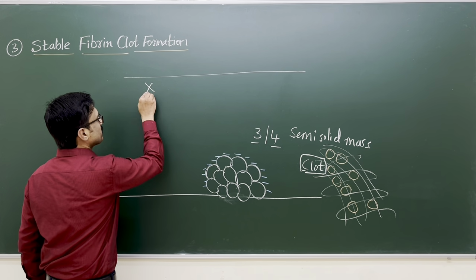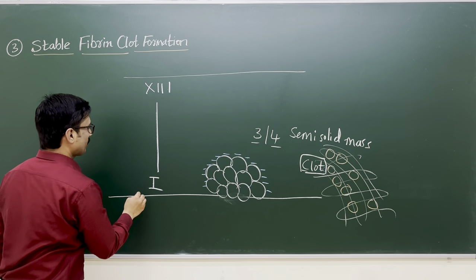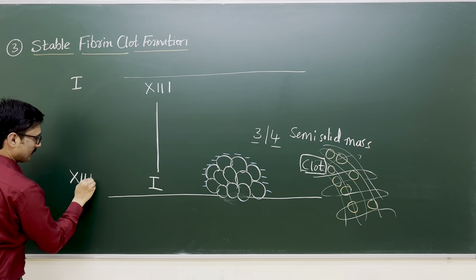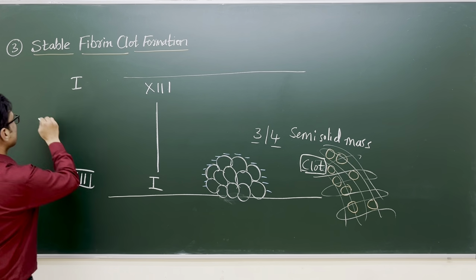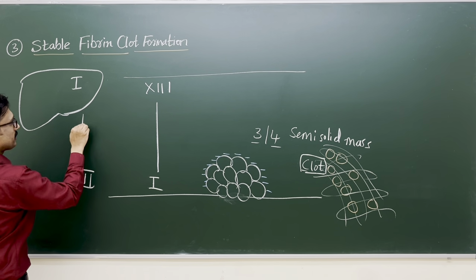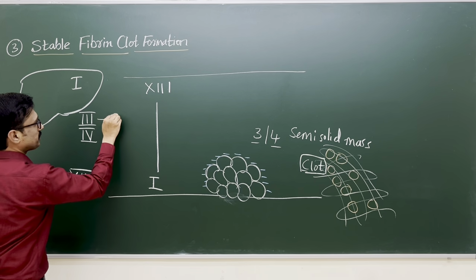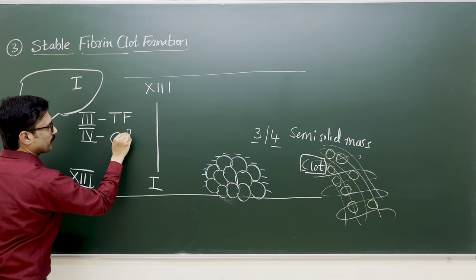They are from factor 13 to factor 1, or you can keep it as factor 1 to factor 13. So these clotting factors are mainly synthesized from the liver, except factor 3, factor 4. Factor 3 is the tissue factor and factor 4 is the calcium ions.